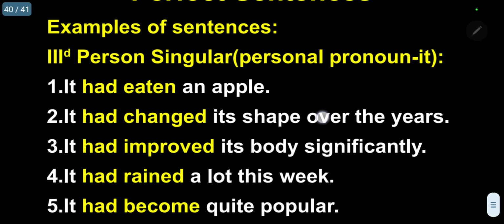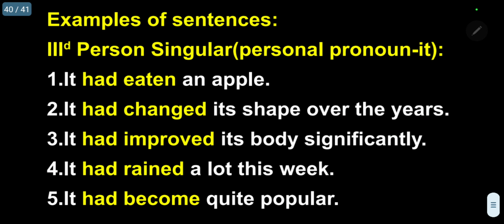Now I'll go for it. Now you should be careful. When you use it, we should not use it for human beings, persons. We have to use it only for animals, birds, insects, and non-living things. Even a chair you can use.